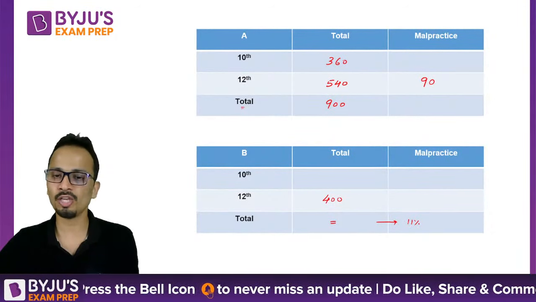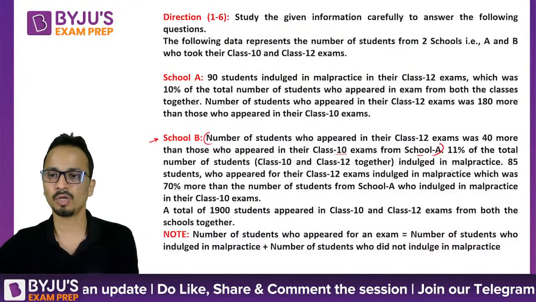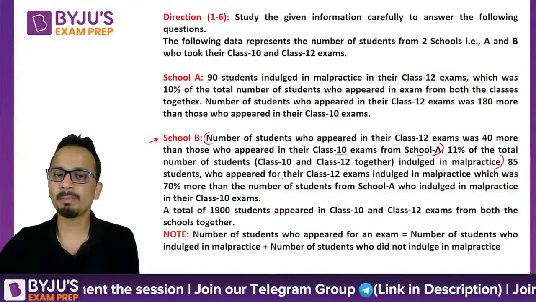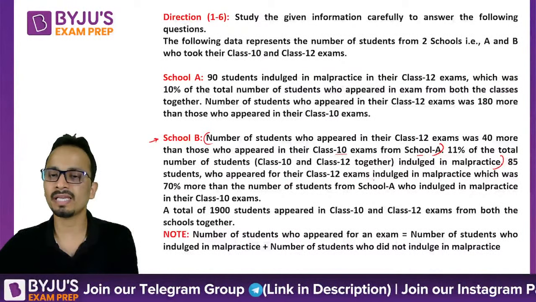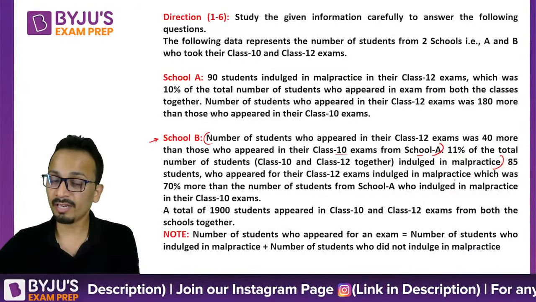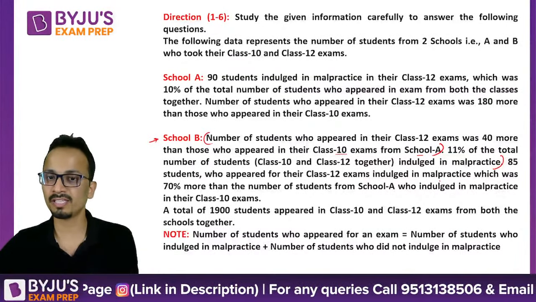Now I don't know any of these numbers, so I'll look at the remaining data. Next, 85 students who appeared for their class 12th exam indulged in malpractice. So 85 students indulged in malpractice in class 12th in this school.